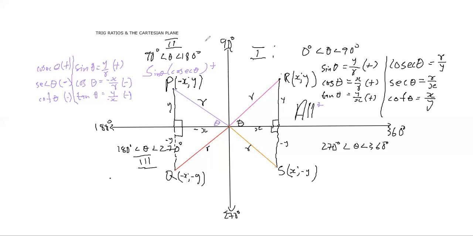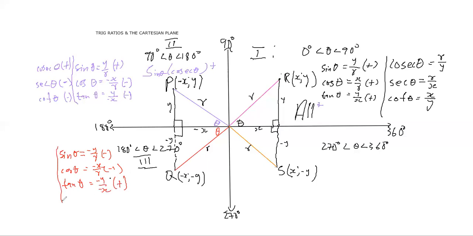You will do the same thing for the rest. It is not surprising. You see here that sine theta, and there is my theta. Sine theta is what? Opposite here is minus y, and there is r. We see sine is negative. Cos theta, adjacent, there is minus x, hypotenuse is positive, we see the result is negative. Tan theta, we also see the same now here, is opposite, which is minus y, adjacent is minus x, then it's positive.